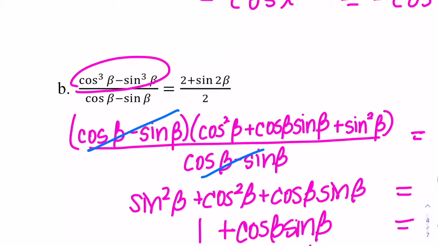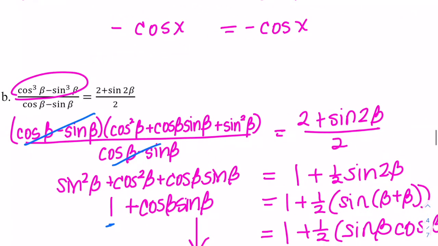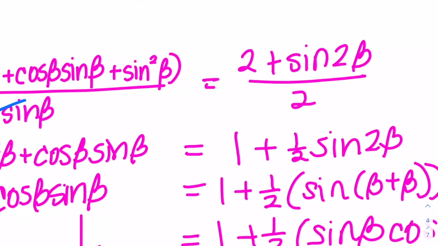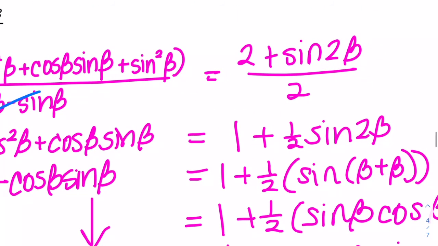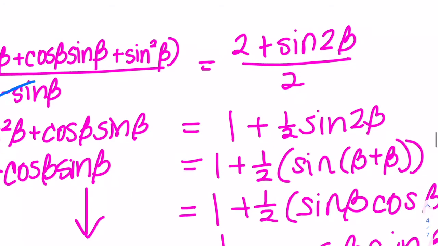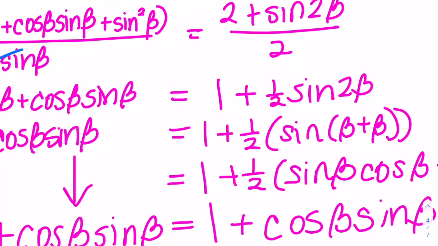Whenever we have a proof, we can work on one side, the left side, and we kind of got stuck there. So we can actually go to the right side and try to make that equivalent to the left side. So we have 2 plus 2 sine of 2 beta over 2. Then we can simplify that to be 1 plus 1/2 of sine of 2 beta.